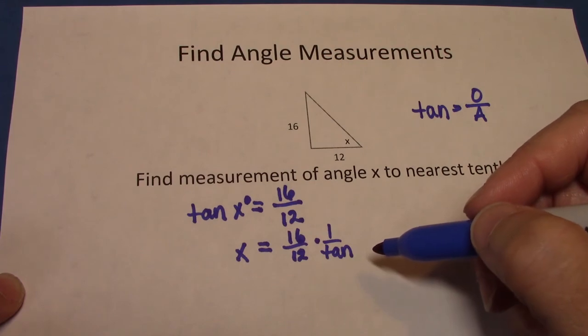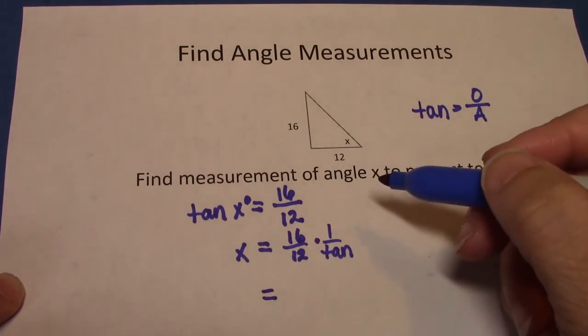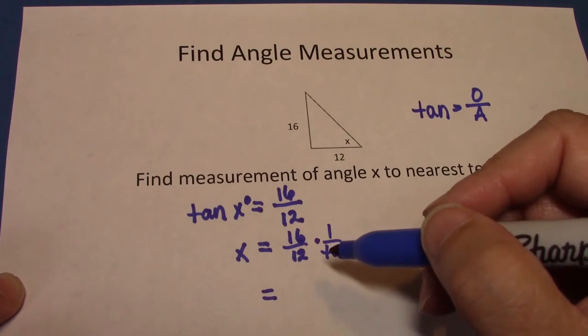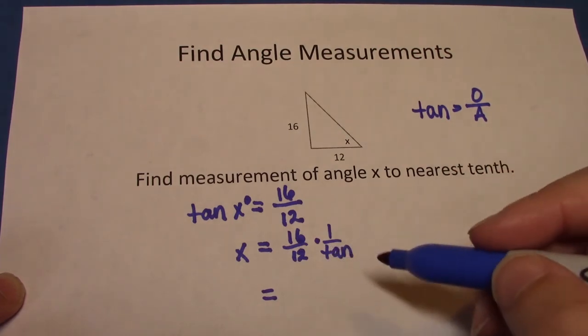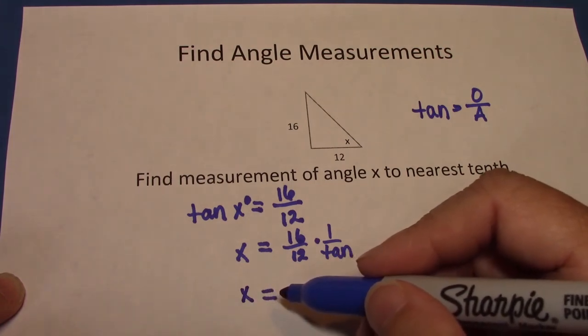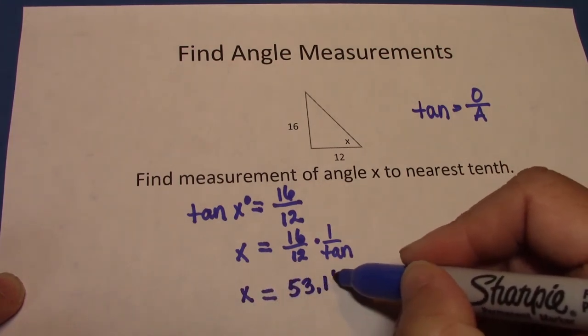So you're going to enter, again, on most calculators, the second function, the second tangent, and then 16 divided by 12, and press enter, and you will get that x equals, again rounding to the nearest tenth, 53.1 degrees.